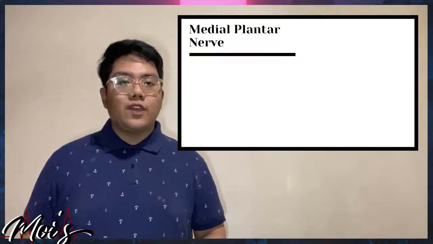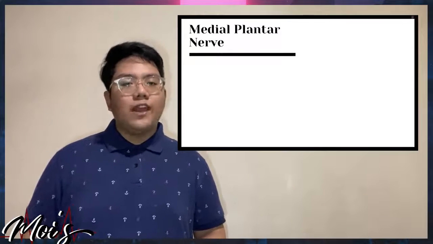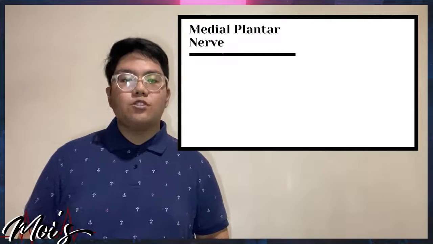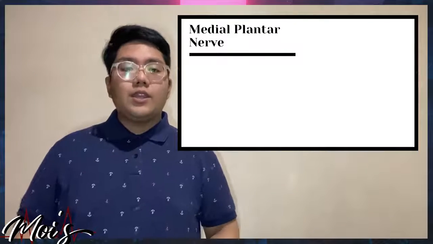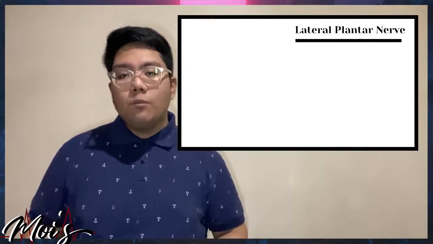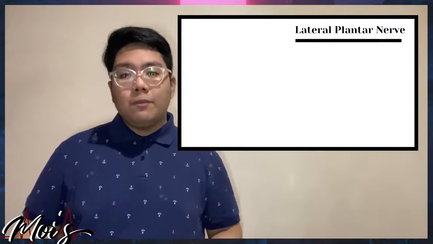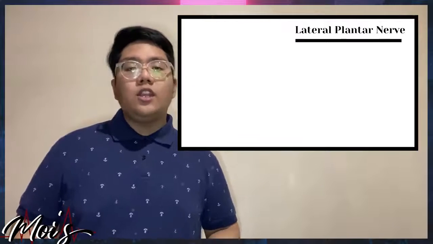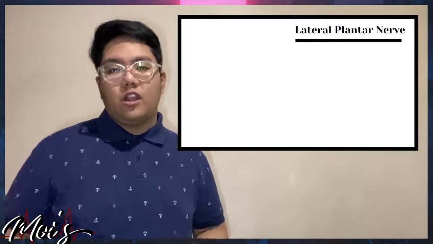This nerve innervates the abductor hallucis, the flexor digitorum brevis, the flexor hallucis brevis, and the first lumbrical muscle. The lateral plantar nerve arises beneath the flexor retinaculum and runs forward deep to the abductor hallucis and flexor digitorum brevis in company with the lateral plantar artery.